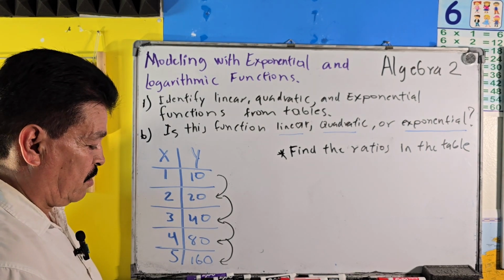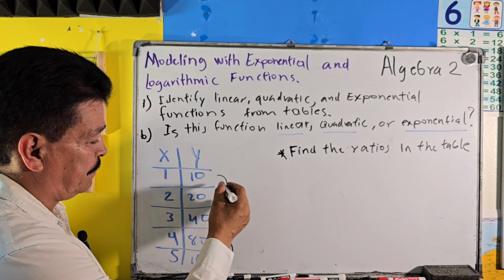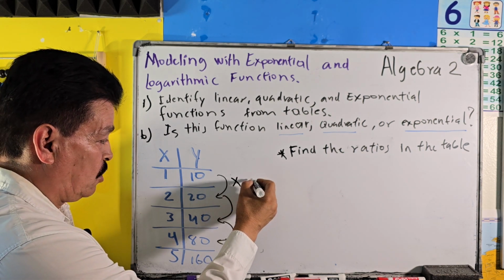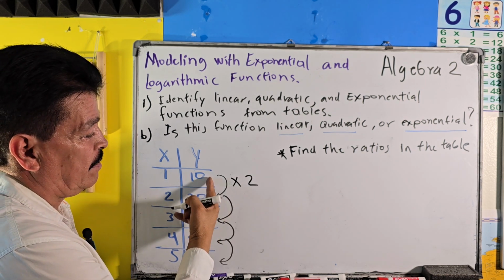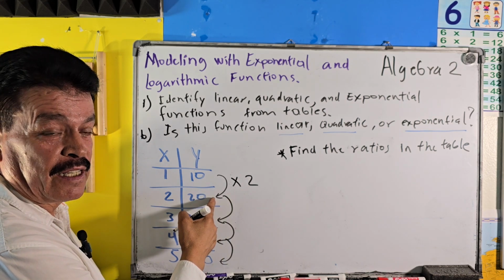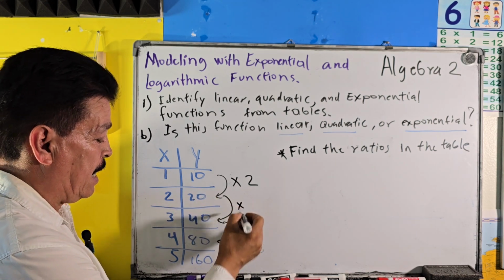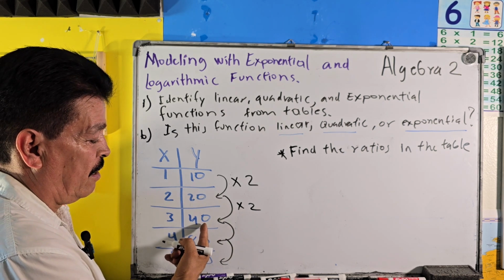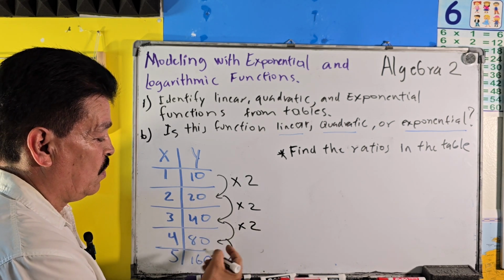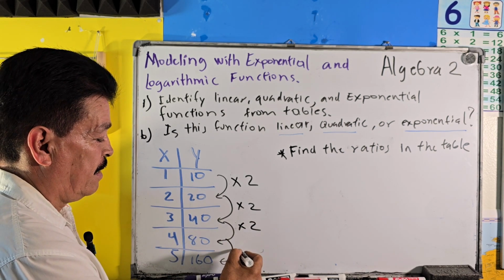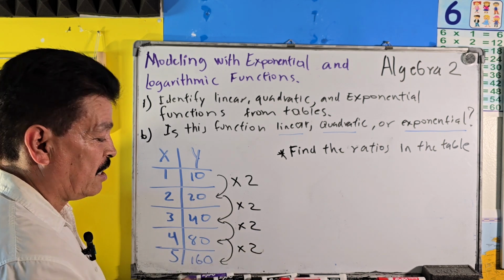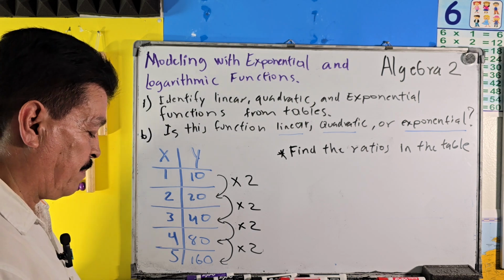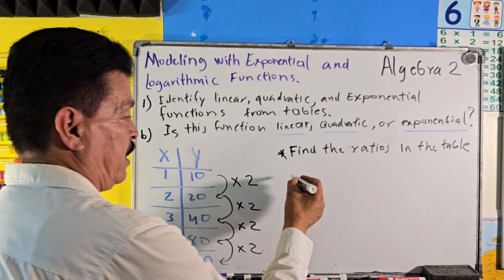Look at this. 10 times 2 is 20. 20 times 2 is 40. 40 times 2 is 80. 80 times 2 is 160.